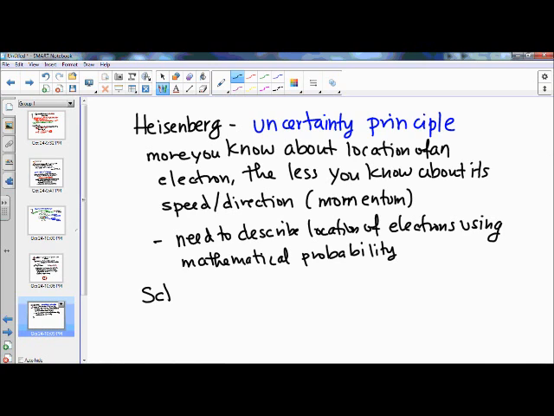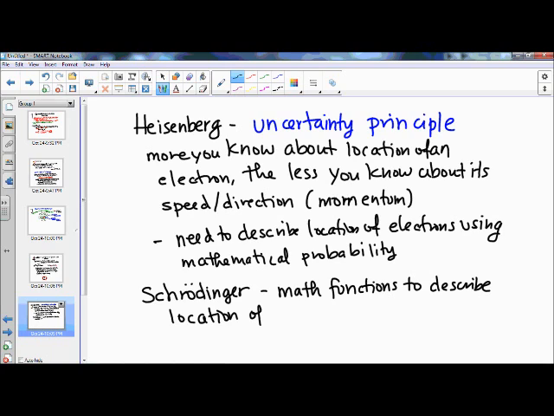And a man named Erwin Schrödinger developed a set of mathematical functions to describe the location of electrons. Now, this is calculus.